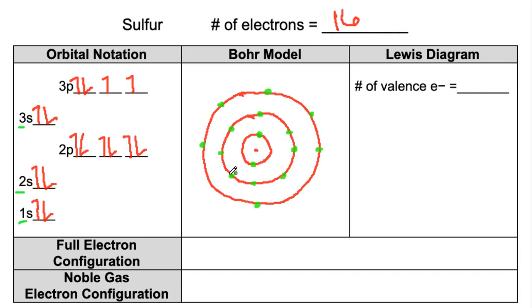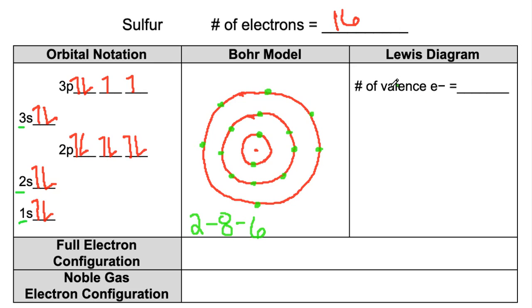Now the shell configuration: in the first energy level there are 2 electrons, in the second there's a total of 8, and in the third there's a total of 6, so 2-8-6.